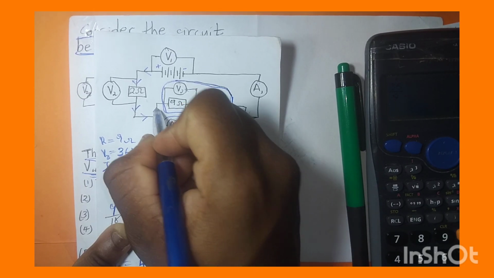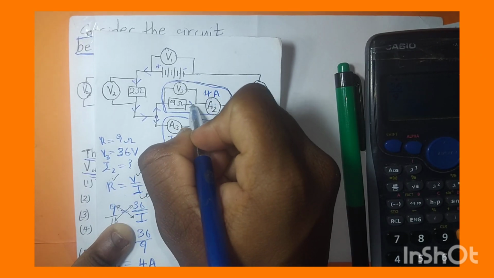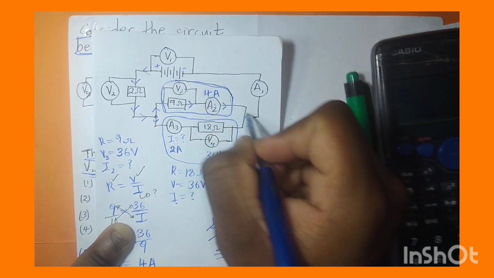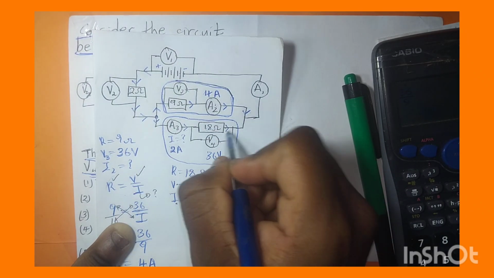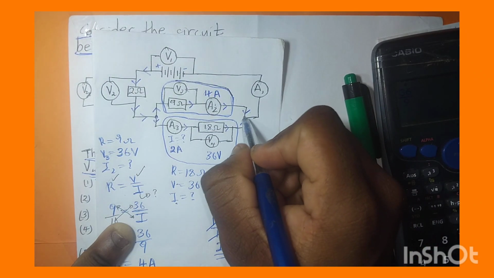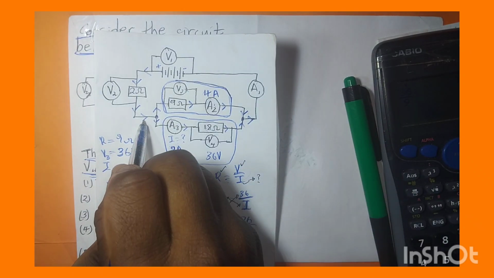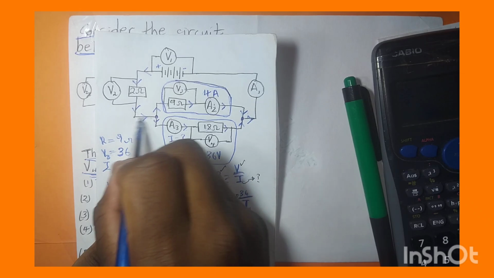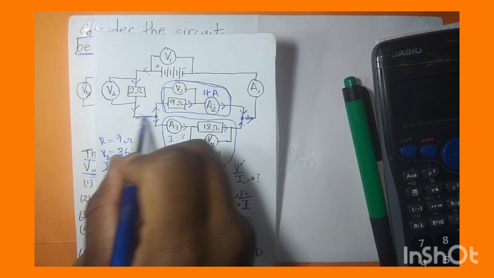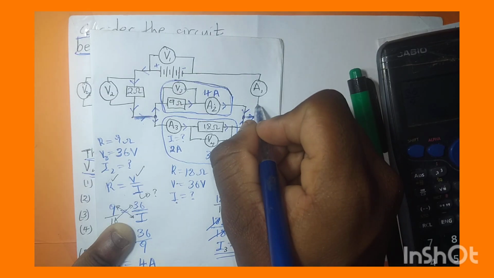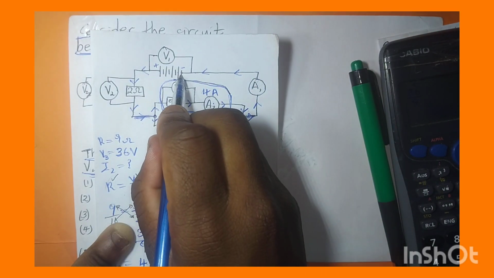It goes up, it goes here, then it passes through this resistor, and even this one, they will come here. Then when it reaches this point, it will combine, forming that same current which was here. It combined and it passed through that A1.